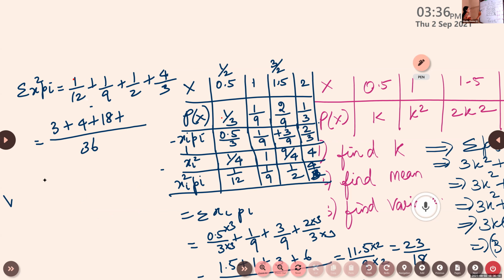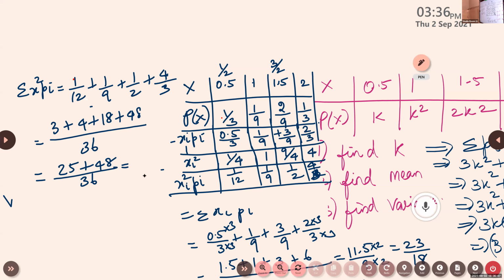So it is 7 plus 18, it is 25 plus 48 by 36. Check it, children. Is LCM 36? When you add this, are you getting like this? So is it 73 by 36?